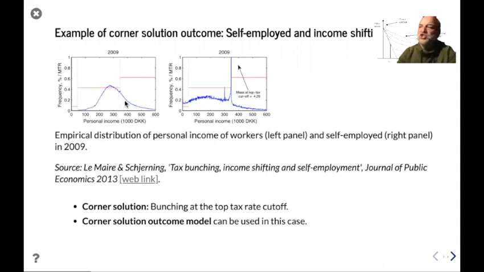There's not that much bunching for the wage workers, and there are good reasons for it, because there are a bunch of other things that are really hard to adjust. On the intensive margin, if you're changing your labor supply just a little bit, you can't call the boss and say, sorry, I'm not coming to work for the rest of the year, I'm only going to start next year, where I'm back below the top tax.